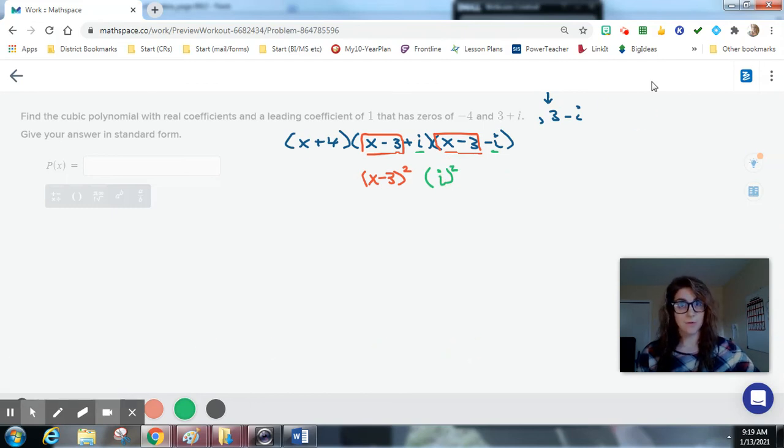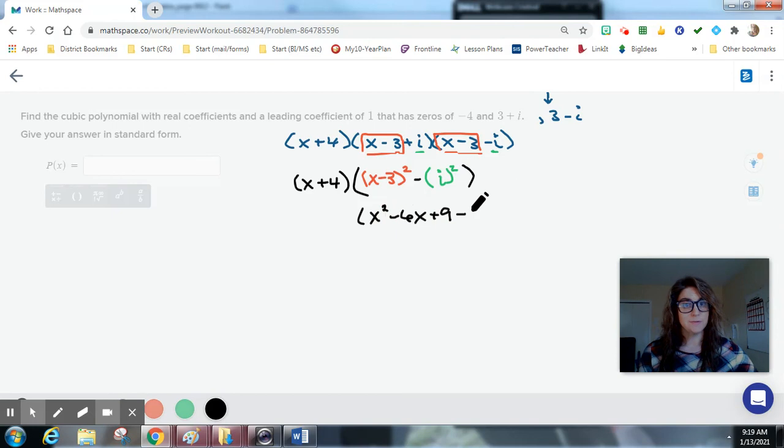Because of where this is, I can't get back to my color, but that's okay. So we'll use black for now. And we bring those down. So multiply this side out. x minus 3 squared should not be hard. And then an i squared, remember, is a -1. So we have minus a -1, that becomes a plus.